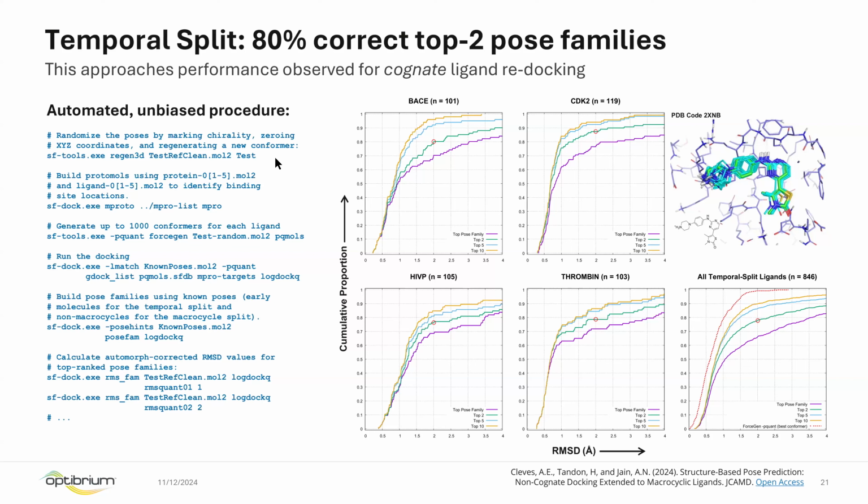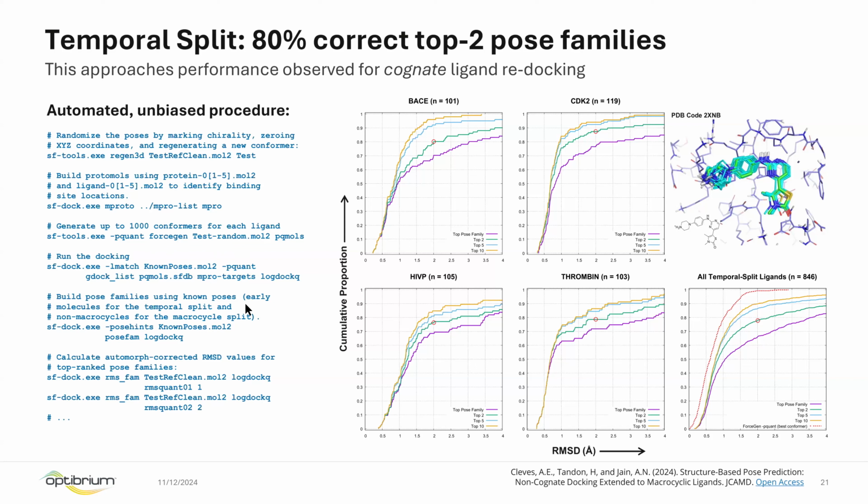On the left, just to emphasize, this is the procedure. Randomize the coordinates of the compounds to be docked, completely zero them and regenerate coordinates, build protomols, generate conformer ensembles for each of the conformers, and then dock them using the known poses that Anne showed you, and then I showed you on the previous slide.